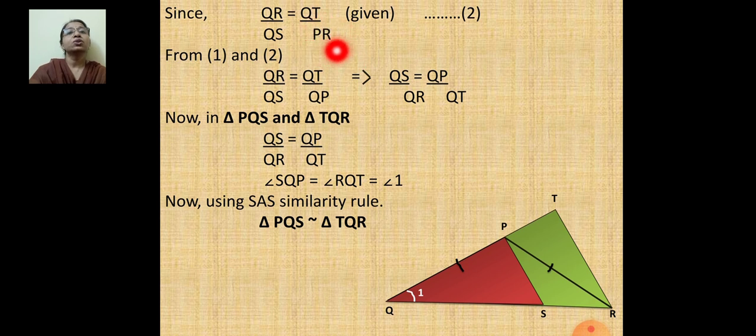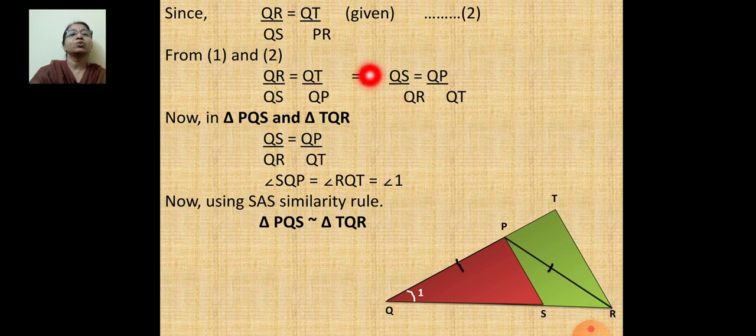So here you replace this PR by PQ. So from equation 1 and 2 you will get QR upon QS is equal to QT upon PQ or QP. Right? Now you take its reciprocal. Just invert the ratio.